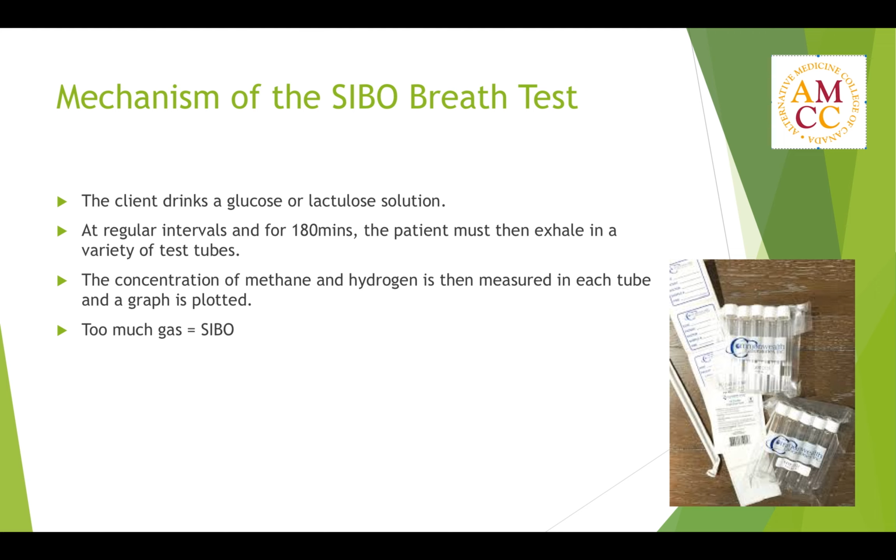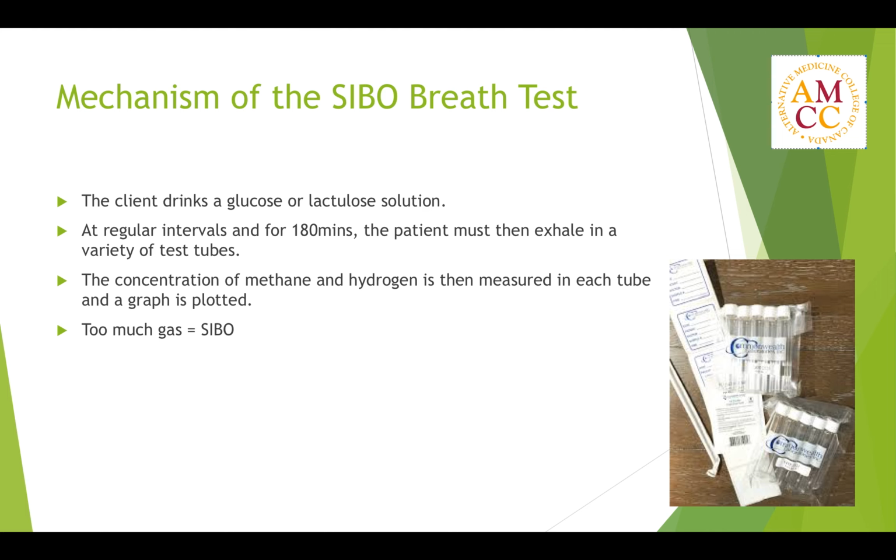After the client has drunk the solution, they are given a multitude of little test tubes, like you can see in this picture. At regular intervals, for 180 minutes, the patient has to exhale into a different tube each time.